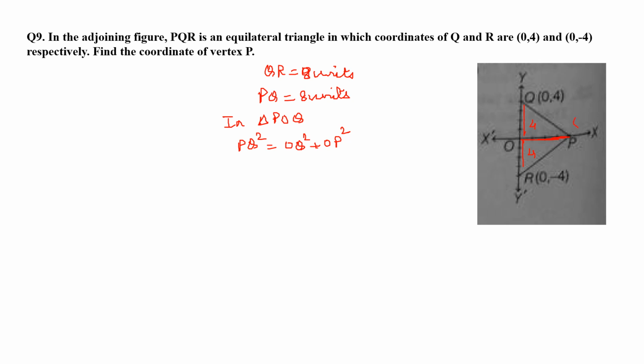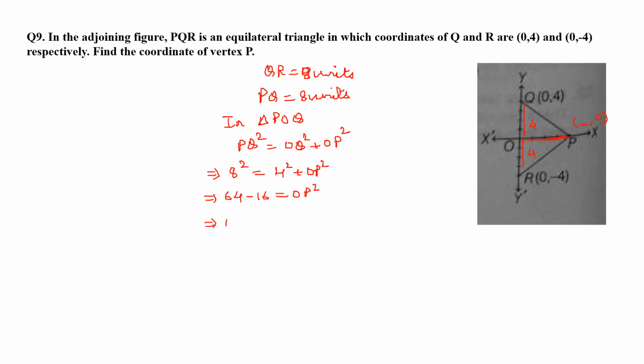Now this line is on the x-axis, so the y coordinate will be 0. I have to find the x coordinate. The x coordinate is nothing but the height OP. So for that I am using this Pythagoras theorem. So PQ square, 8 square, is equal to OQ, 4 square, plus OP square. So 8 square is 64. I am transposing 4 square, so minus 16.